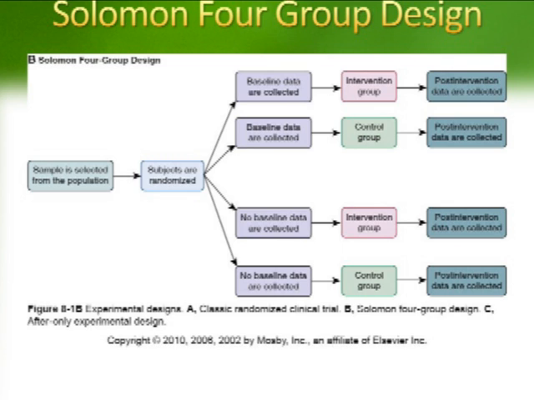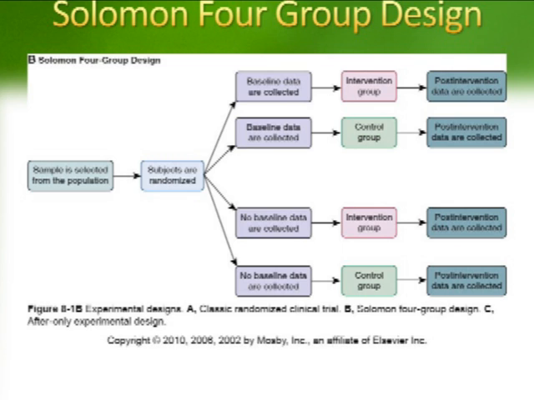The bottom 2 groups are used to show that the change after the intervention is not because of collecting data beforehand. For example, if you were giving a pretest on attitudes about an emotionally charged subject such as euthanasia, the pretest may change the opinion even before the education program is given as an intervention.